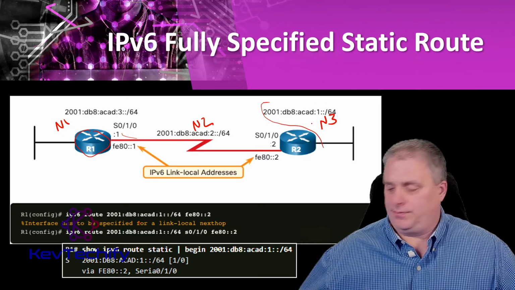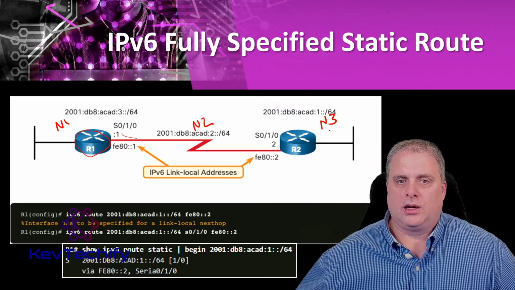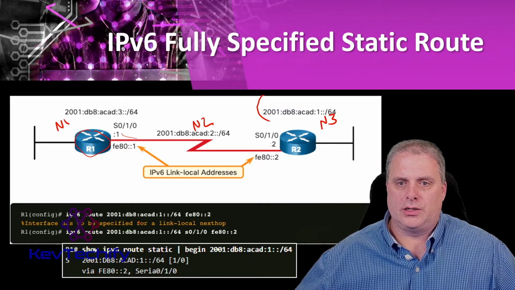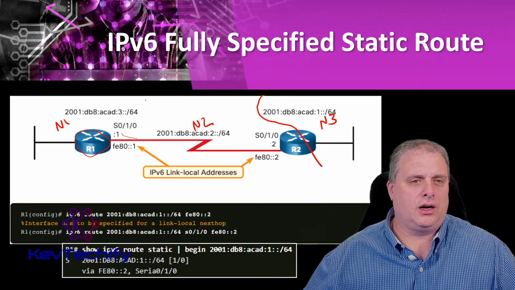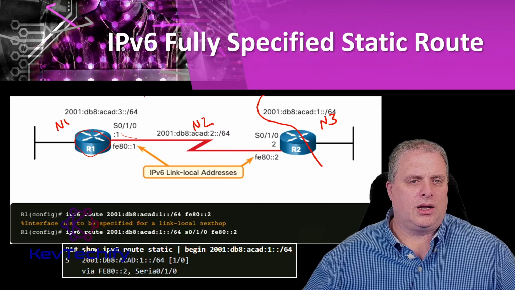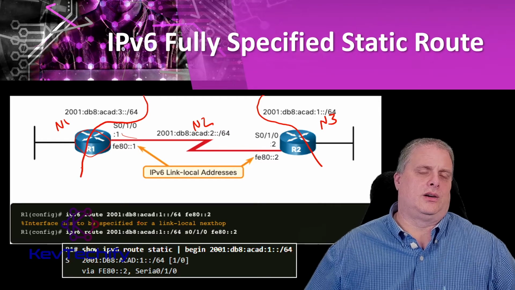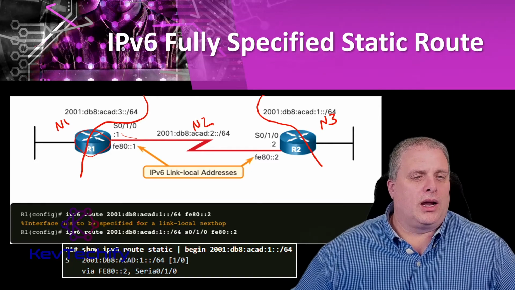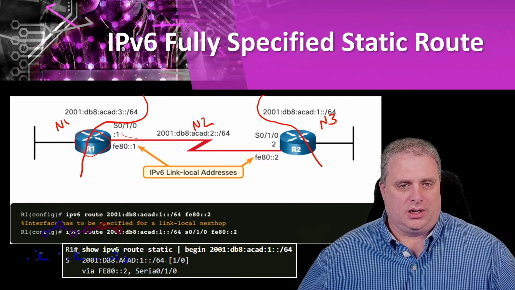Now, network 3 is basically right here. Network 2 goes from here to here. And network 1 is over there. R1 wants to route traffic to network 3.